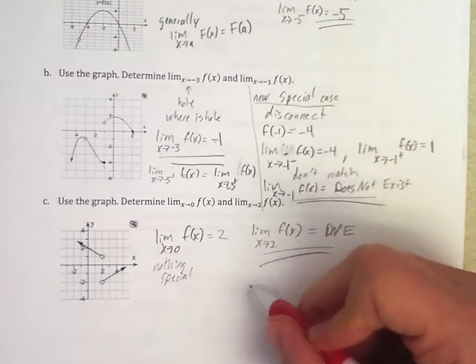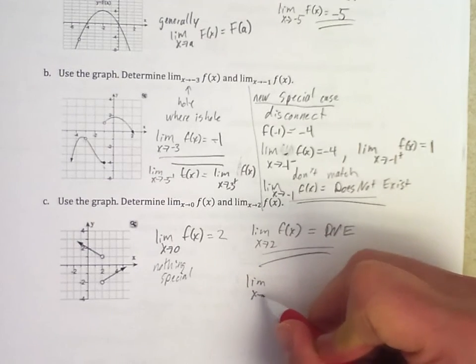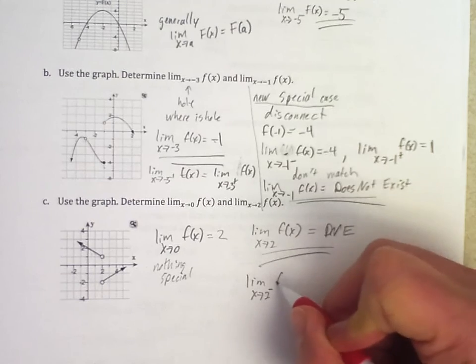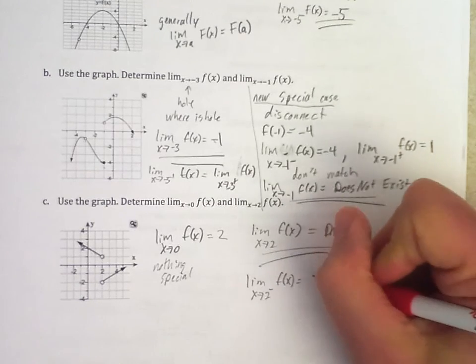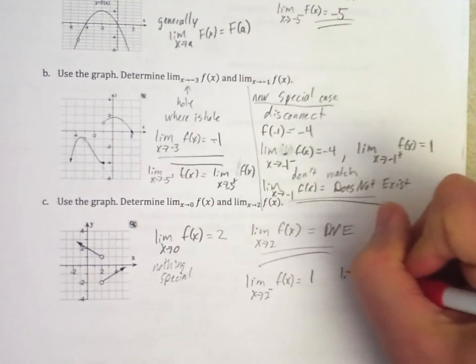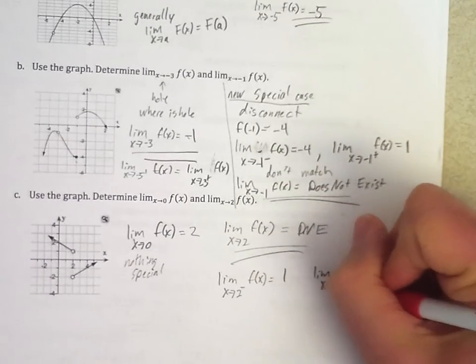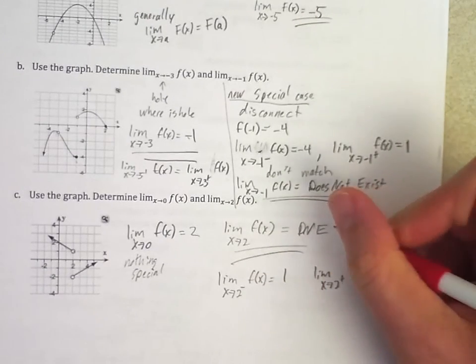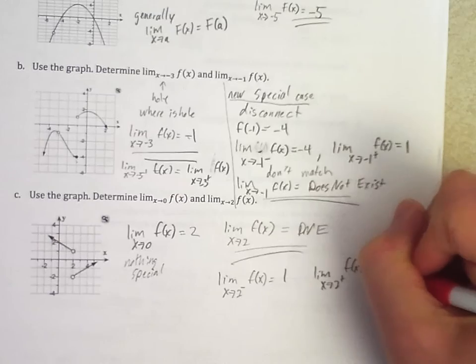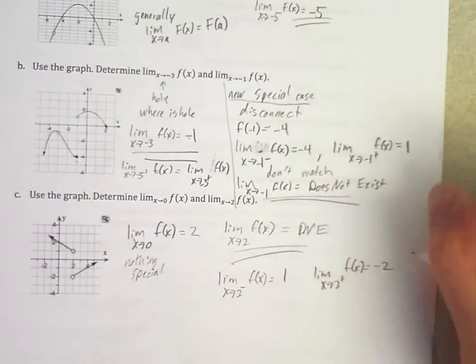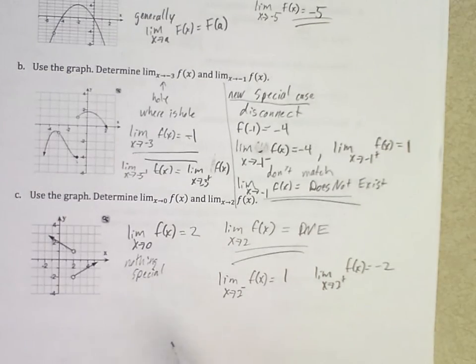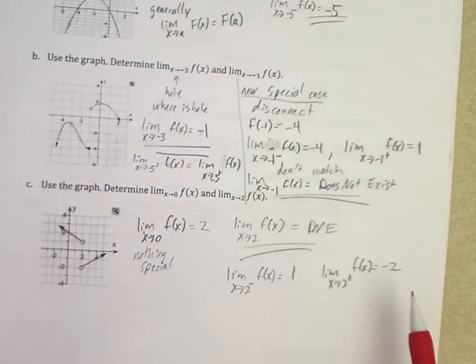Again, we can have limits from each side. The limit as x approaches 2 from the negative side was equal to 1. And the limit as x approaches 2 from the positive side of f of x was -2. But those things did not meet at the same place, so we don't have a limit.